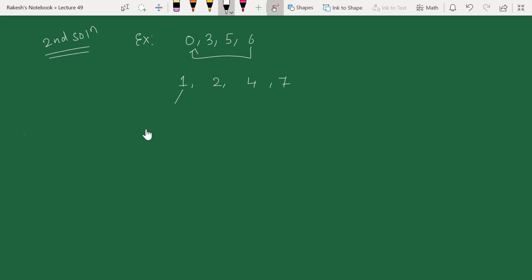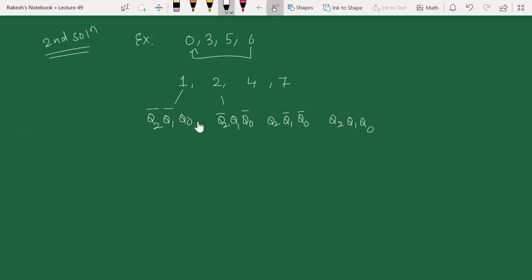If you write the equivalent binary form, 1 will be Q2 bar, Q1 bar, Q0, and 2 will be Q2 bar, Q1, Q0 bar, 4 will be Q2, Q1 bar, Q0 bar, 7 will be Q2, Q1 and Q0.